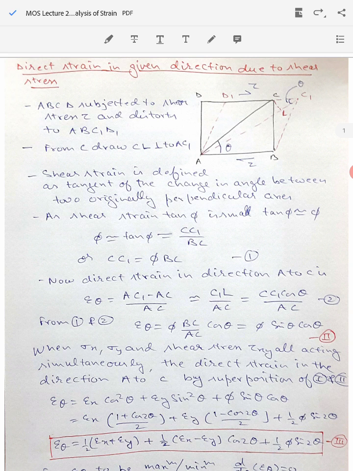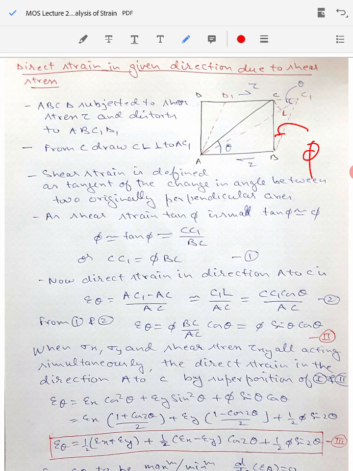I haven't shown it in this figure, but this is your angle phi, which defines the tangent of this angle. So the tangent of phi defines the shear strain. As tangent phi is very small, we can say it is approximately equal to phi. So what is the value of tangent phi?